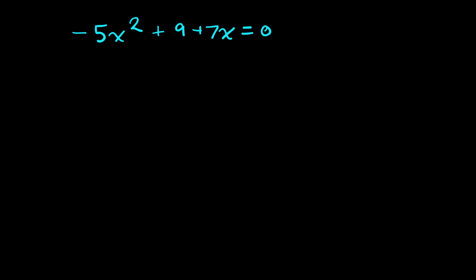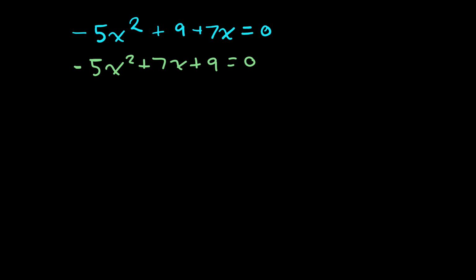So we're going to do a practice problem. Please pause the video so you can go over it and we can start. Alright, good. So what we're going to do is rearrange the equation such that the b value is in the correct place. So negative 5x squared plus 7x plus 9 equals 0.